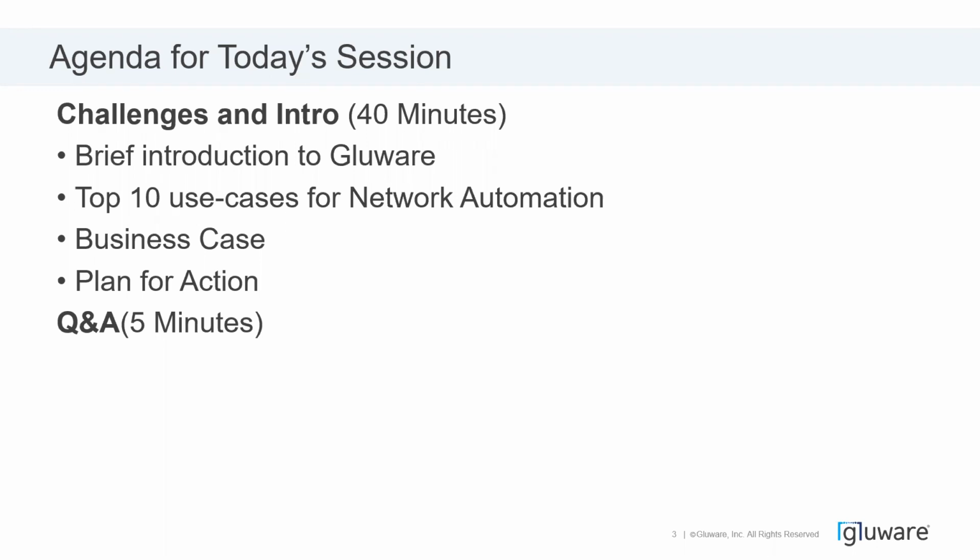One quick slide on business case. Sometimes it's overlooked. We always like to jump right into the technology side, but understanding the business case and the business drivers are incredibly important, as we'll get into. And then we have one slide on plan of action, and we'll leave a little bit of time for Q&A at the end. Again, our goal is to wrap up this session and give you a little bit of time back at the end today.